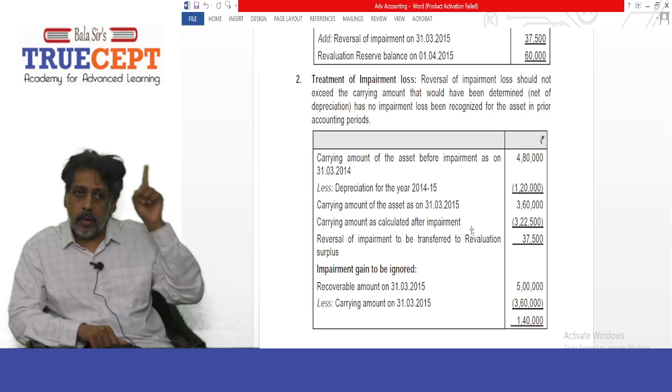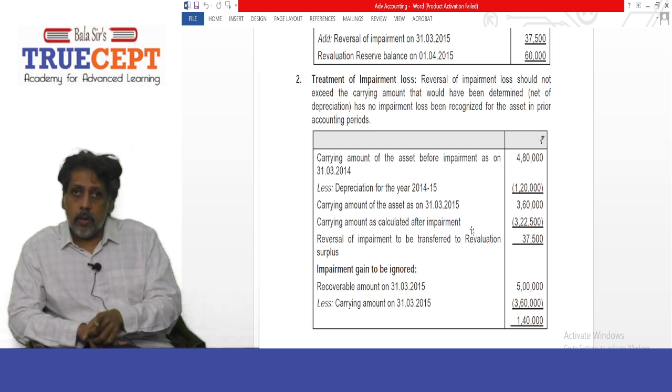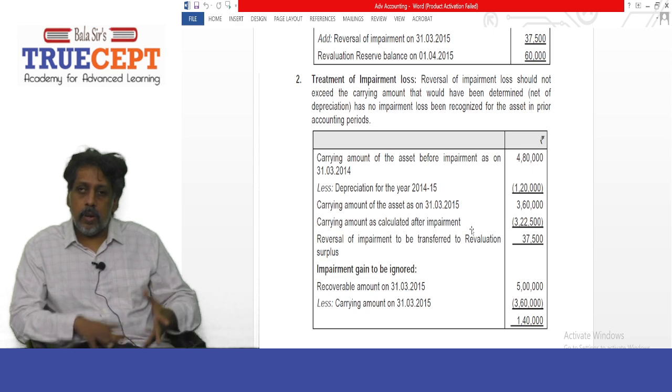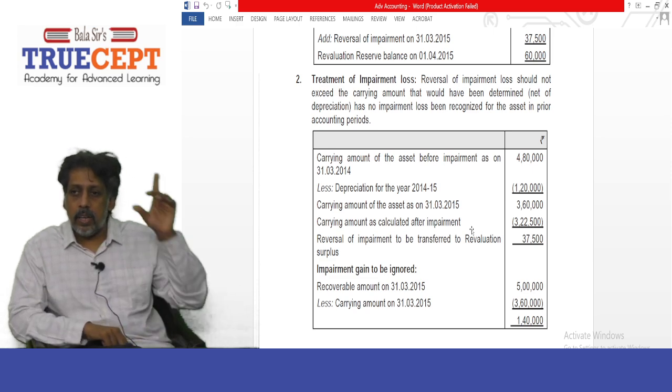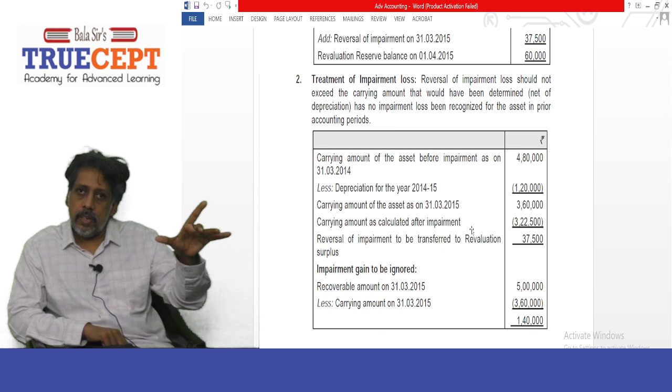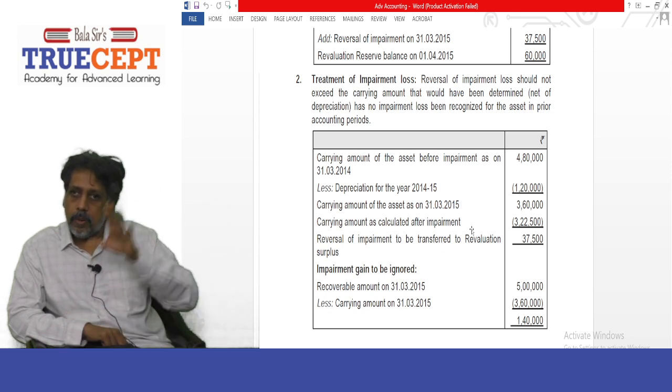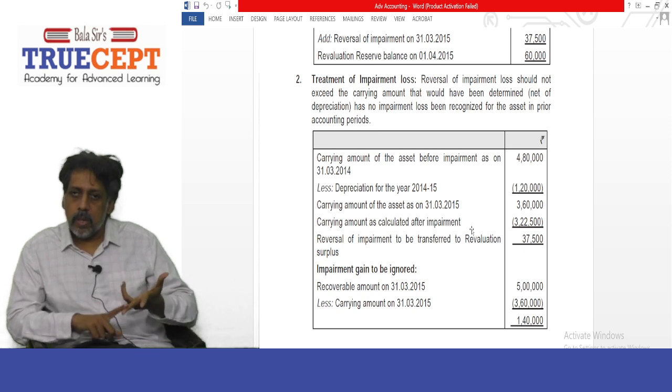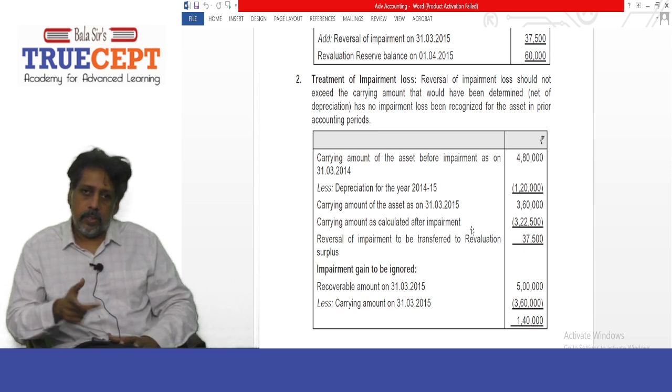Had it not been impaired, what would have been the value as on 31/3/15? It would have been 4,80,000 minus 1,20,000, which is 3,60,000. How 1,20,000? 4,80,000 divided by 4 years would have been 1,20,000, right?